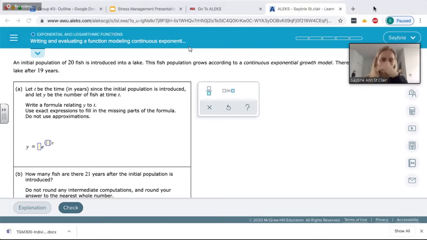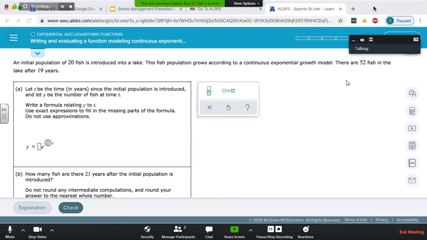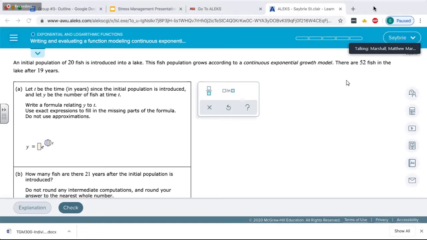Okay, so let's go to this right here. So I'm just going to write down 20 fish and 19 years. Is that what they're asking? There are 52 fish after 9 years.